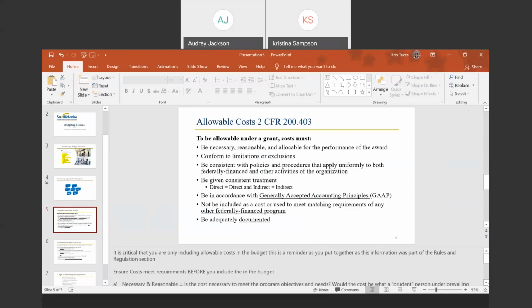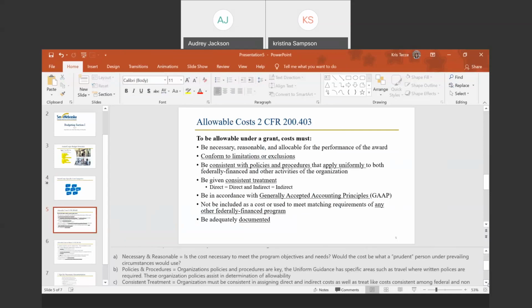So again, you cannot have a policy that says staff can be reimbursed in the federal rate on the federal program and a lower rate on other programs. You have to choose things consistent across the organization.